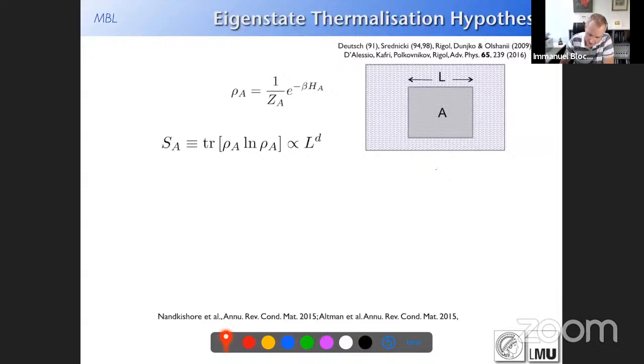And then let's look at a subsystem of that larger system. So we look at a subsystem A. When I say look at a subsystem, I mean we measure some observables which only have support in this region A. We're not measuring a non-local observable which probes the system at many points in space through the entire system, but maybe only probes it at local points within this region A, if that would be space.